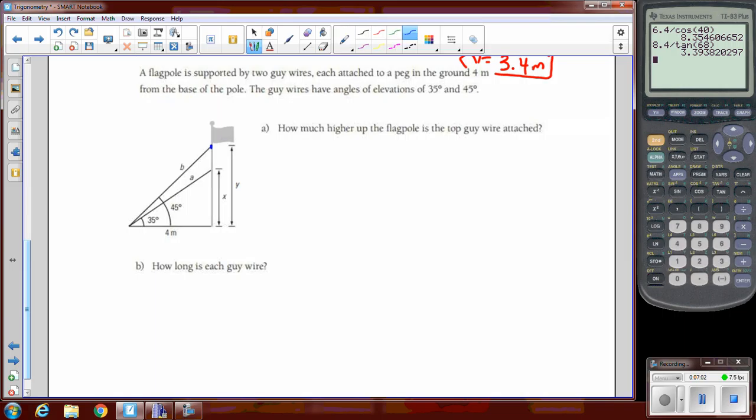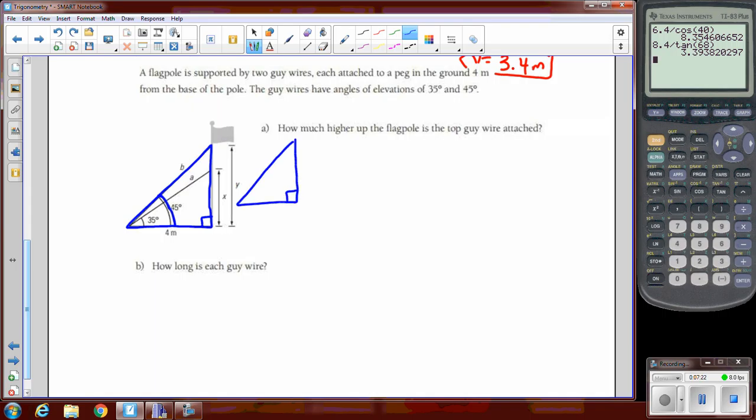So I'm going to look at this triangle. Now, one of the assumptions in trig, unless the question says otherwise, you can always assume something stuck into the ground makes a right angle. So I have this large triangle with a 45-degree angle. So again, we're going to take this out.